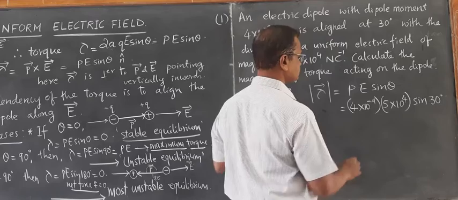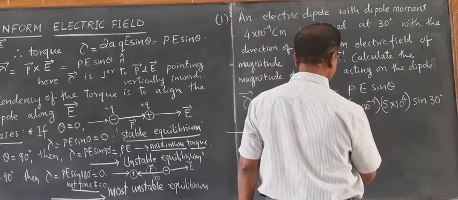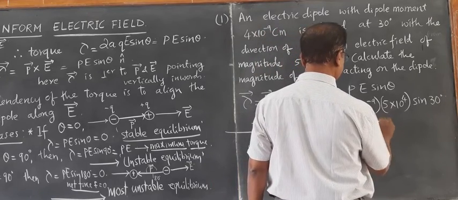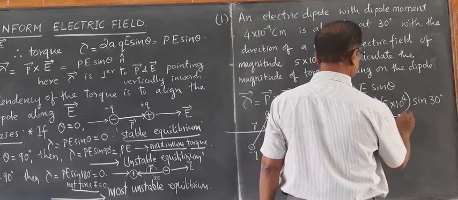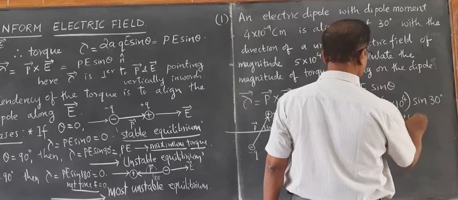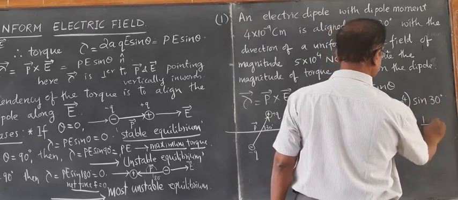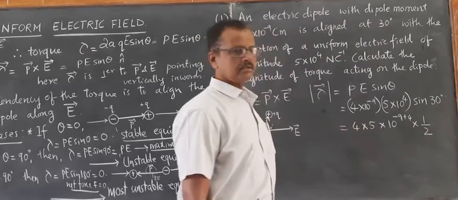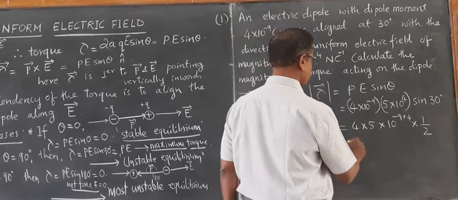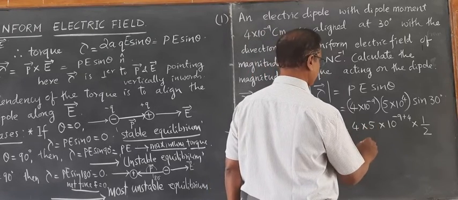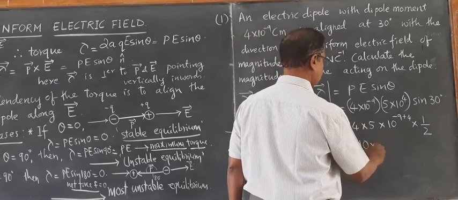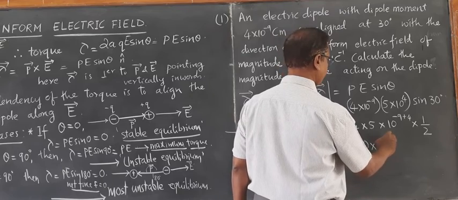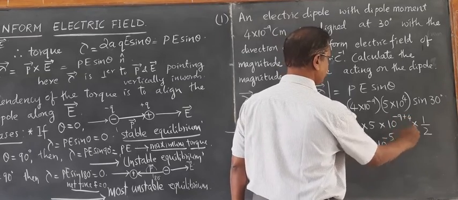Just multiply this. Sin 30 is 1 by 2. So we get 4 into 5 into 10 to the power of minus 9 plus 4, into sin 30, which is 1 by 2. Cancel this 2 with 4 and we get 2 into 5, which is 10, into 10 to the power of minus 5.